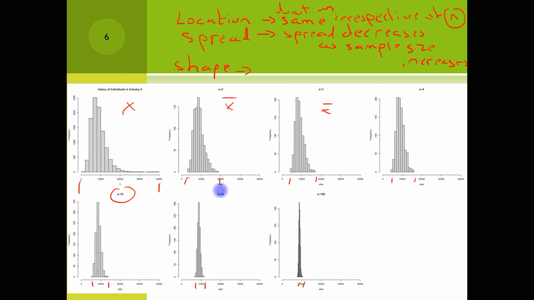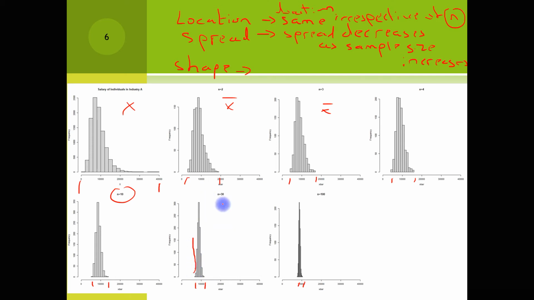But then when you go for n equal to 30, n equal to 100, for the biggest values of n, you would see that there is no more skewness. And the shape looks mostly like a normal distribution because it looks like a bell-shaped curve. If you try to plot a line over it, you will see that it looks like a bell-shaped curve, all right?